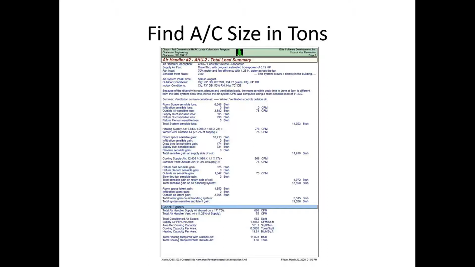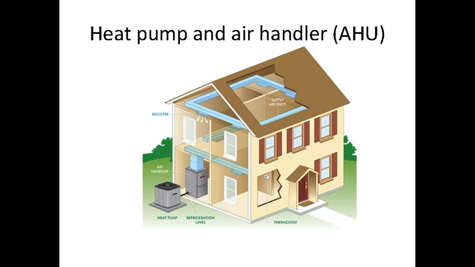So if it's 1.6, a 1.5-ton air conditioner probably won't do the job every day of the year. Even if you look at the hottest 3 weeks of the year, you're probably going to fall short. So you would round up to a 2-ton. Okay, next slide. Okay, what is an air conditioner or a heat pump?